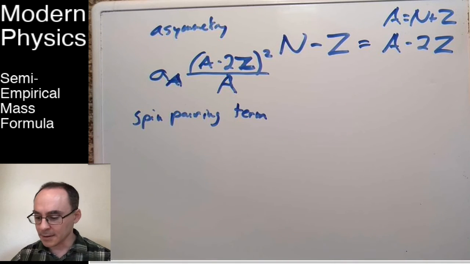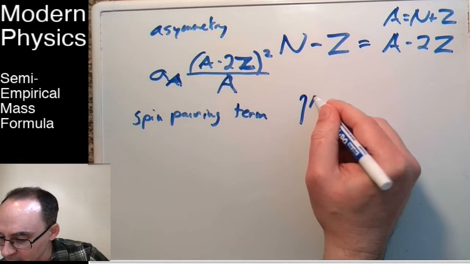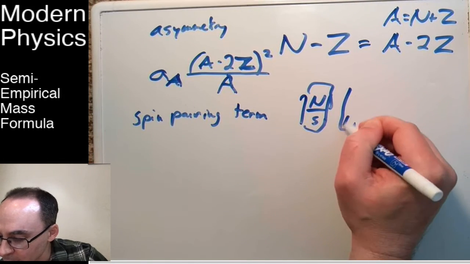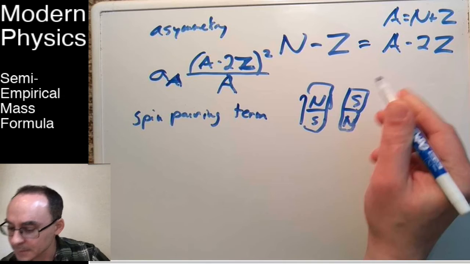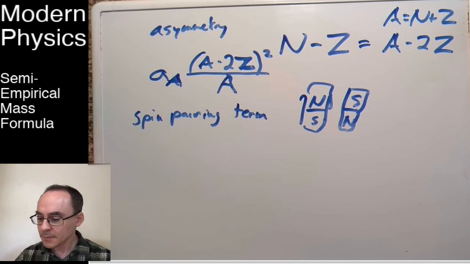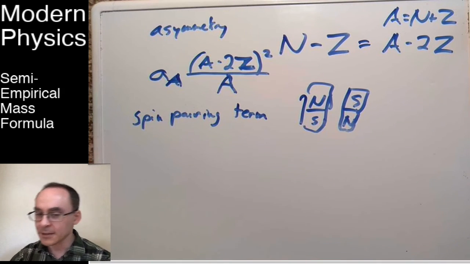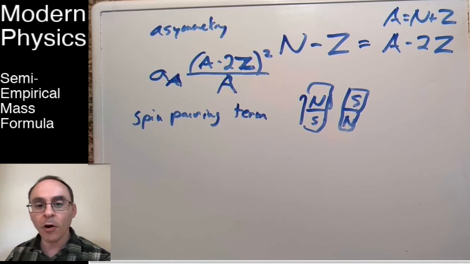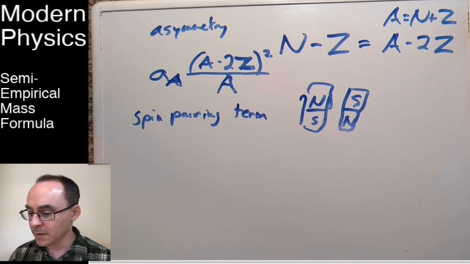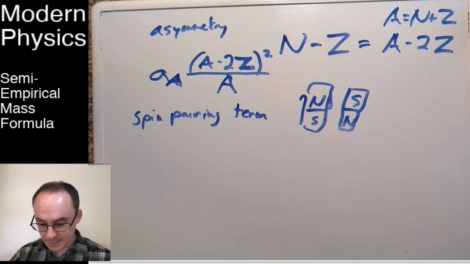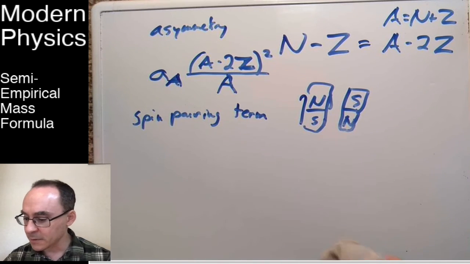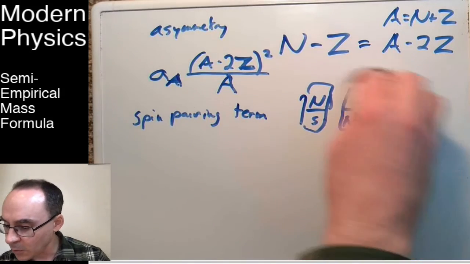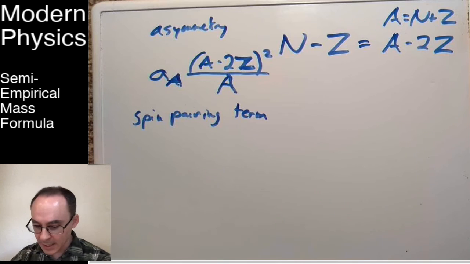If you have a north and south pole, then it prefers to be paired up next to one that's in the opposite direction, because opposite magnetic poles attract. And so there's a term that expresses the overall balance of spins, just in terms of how many of each particle there are. So what does a spin pairing term look like?